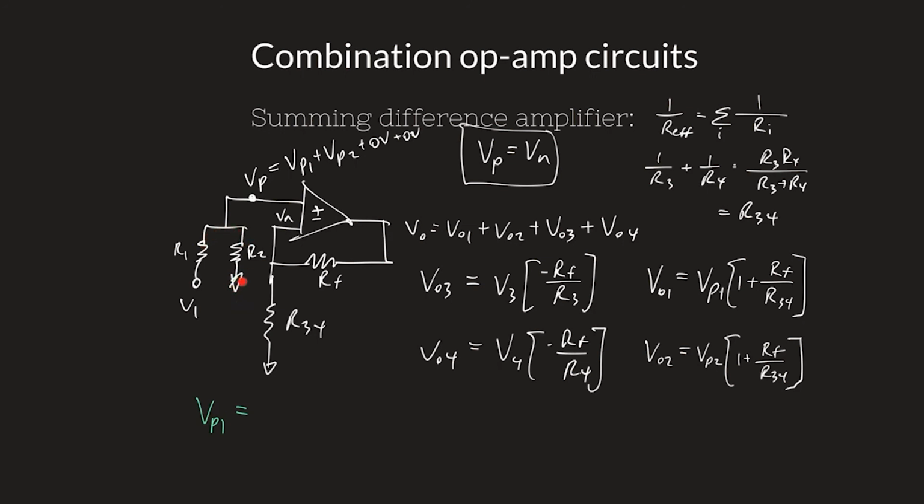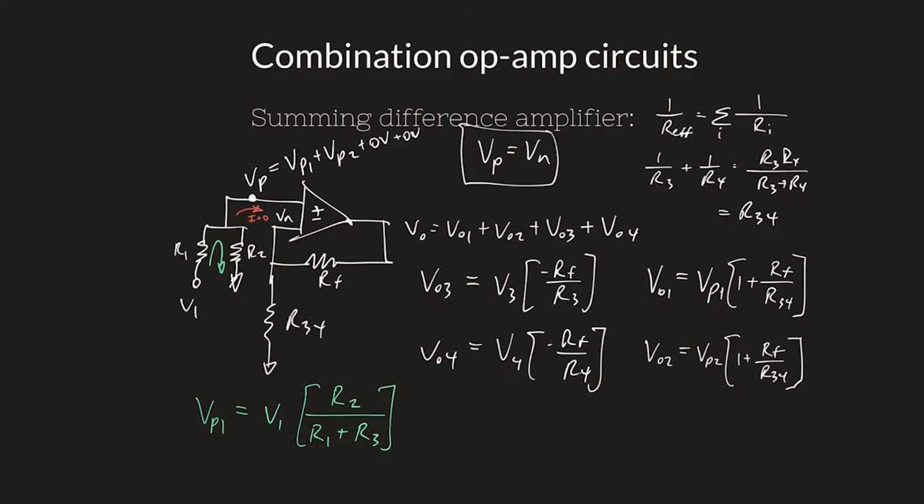I know that there's current flowing through this entire set because of V1, through both resistors. I know I have no current going through here, as usual. So whatever I'm trying to find here is the voltage that's dropped across R2. V1 is being divided, and it's always the voltage across R2 divided by the total resistance in those series resistors.